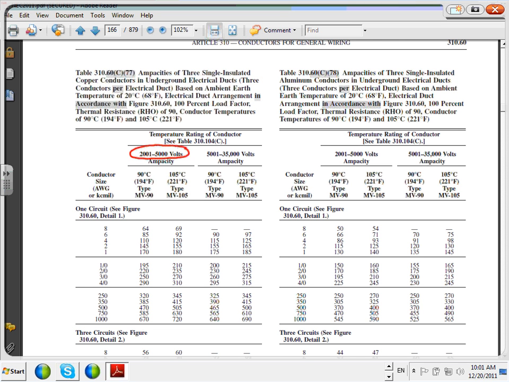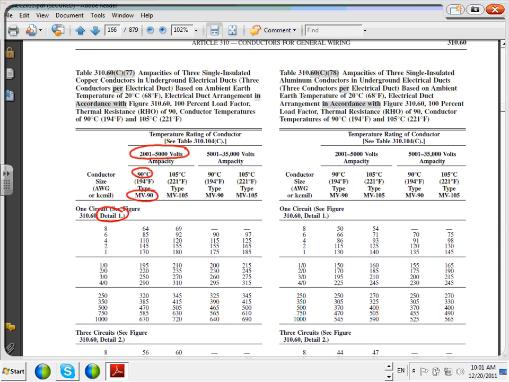That's where I am. What type of insulation am I going to be using? That's medium voltage. If you don't know, your default is MV90, under the 90 degree, that's your default for medium voltage. MV90 unless you know otherwise. I'll show you detail 1 in a second here.